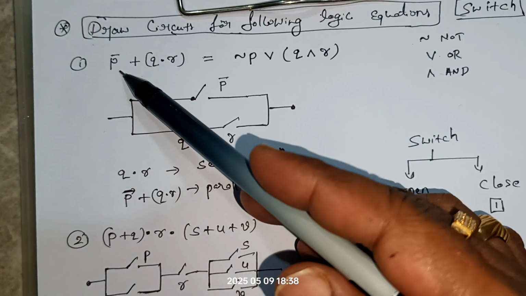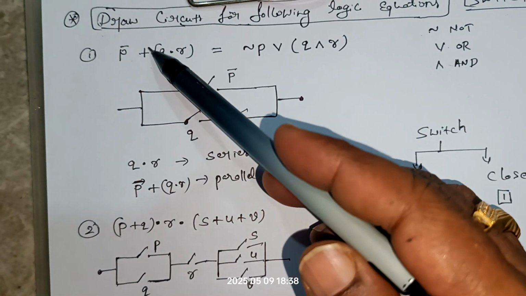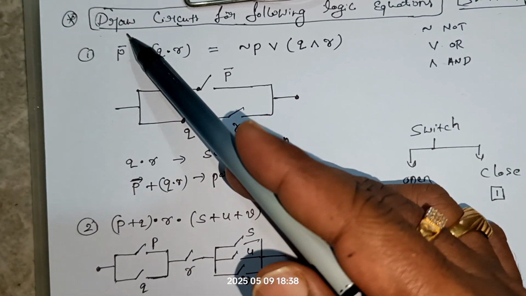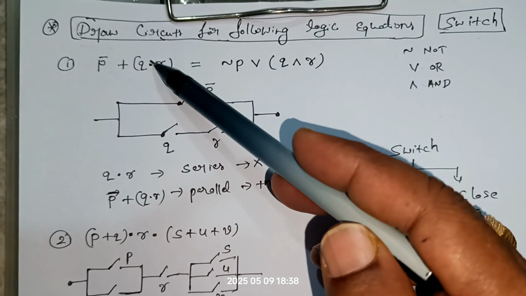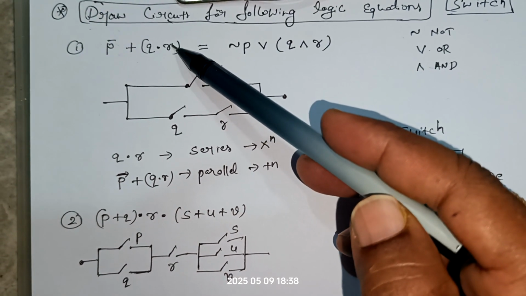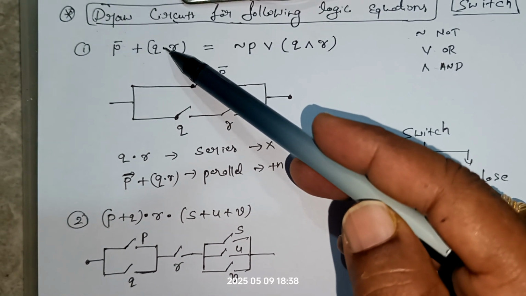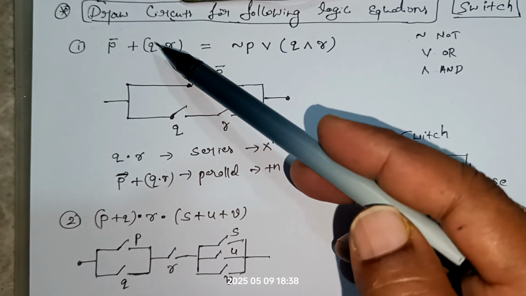Next, we should write this P bar as it is by considering one switch. Whenever it has a plus, this P bar is parallel with this combination, and this combination consists of, look at this, multiplication, so we should use series.